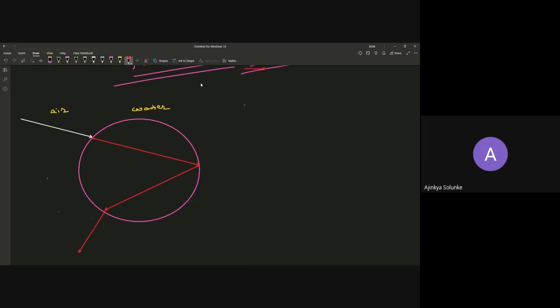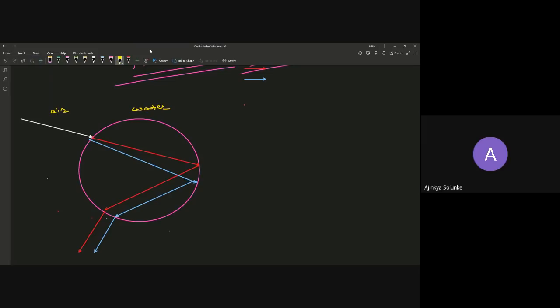Now, what about the violet light? The violet light will be coming again in the same fashion. Let me extend it. And the second violet light will be coming from this side. That is the reflection part. And again, the third part here. Okay, so this is what is happening inside the water droplet.